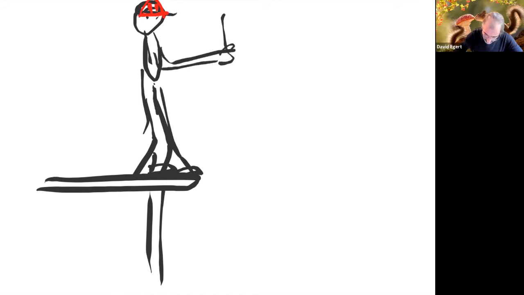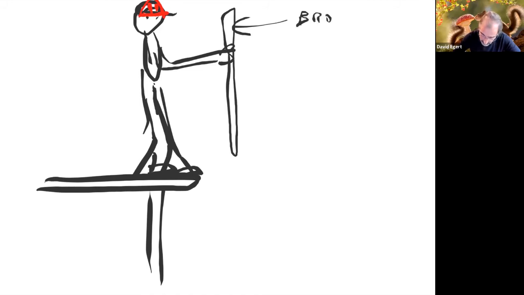He's holding a stick. We actually just use a broomstick, a broom handle. The only thing special about it is it has a little high contrast marking on it.